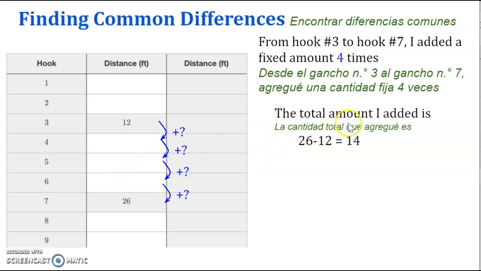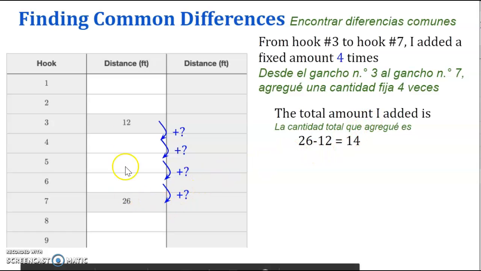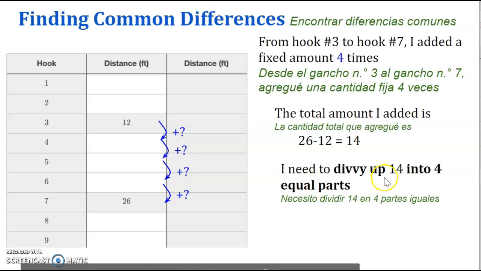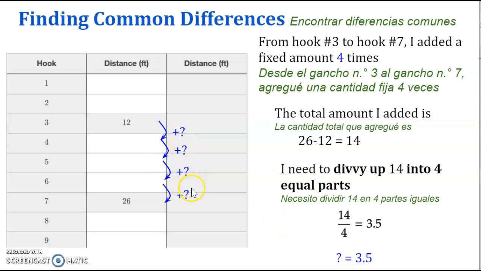So the total amount that I add is 26 minus 12. That's going to be 14. I need to divide the 14 into 4 equal parts, and that becomes 3.5. So I know the common difference is 3.5 here. And then from here, you can come up with the rest of the equation.